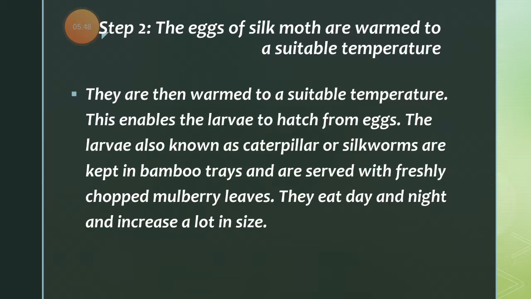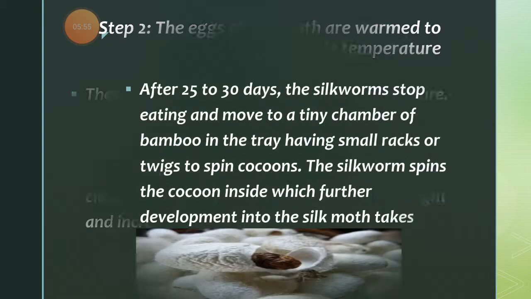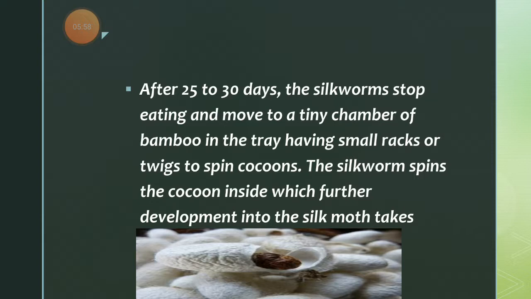They eat day and night and increase a lot in size. Step 3. After 25 to 30 days, the silkworm stops eating and moves to a tiny chamber of the bamboo tray, having small racks of twigs to spin cocoons.